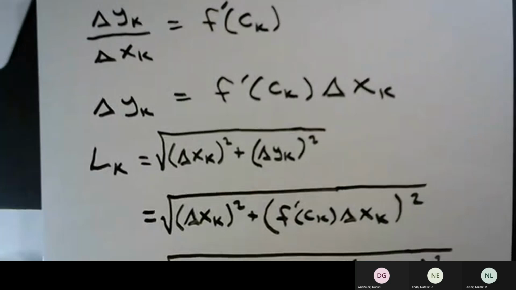So the difference in x's and difference in y's, that's giving us our delta xk and our delta yk.